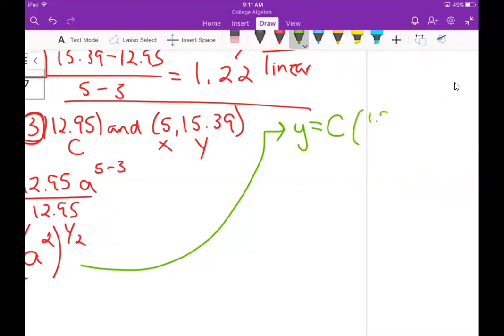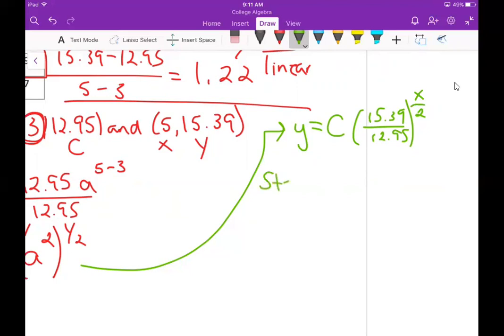It is 15.39 over 12.95 to the 1/2 power, so x over 2 for the function. The less you round, the more you're going to be sure that it is in fact exponentially related or not at the end. Now we need to find c, so we can use either of these original first 2 points to find c. I'm going to go ahead and use the point 3, 12.95, but you could use 5, 15.39.